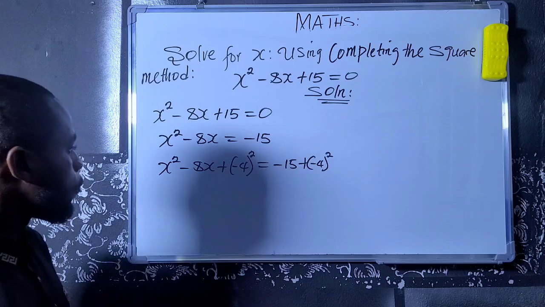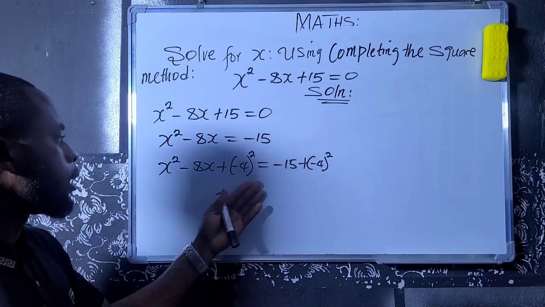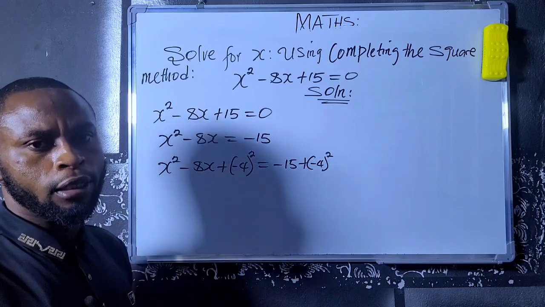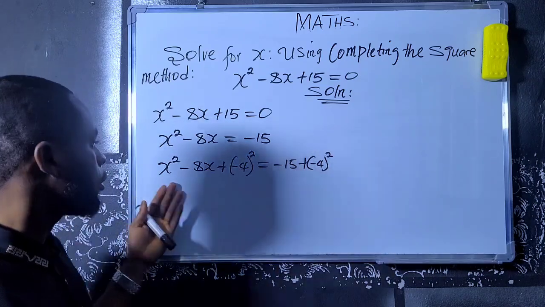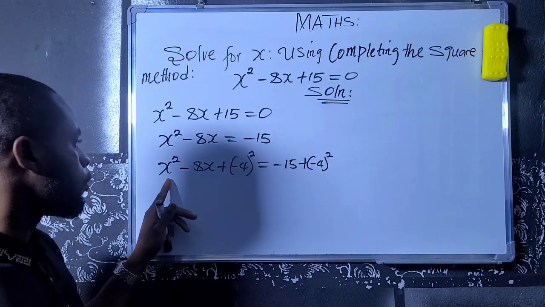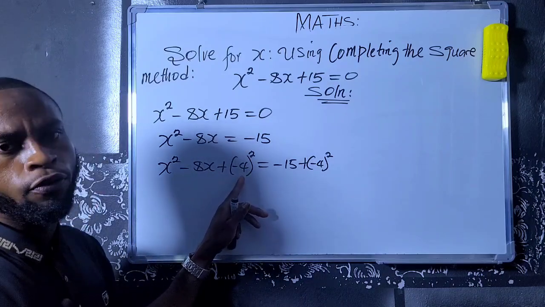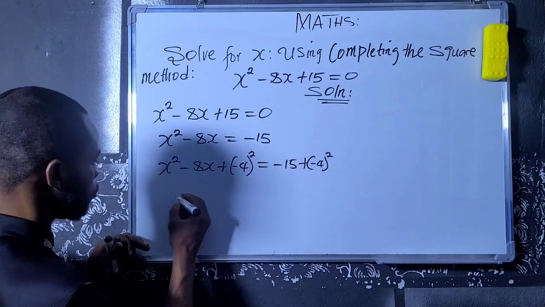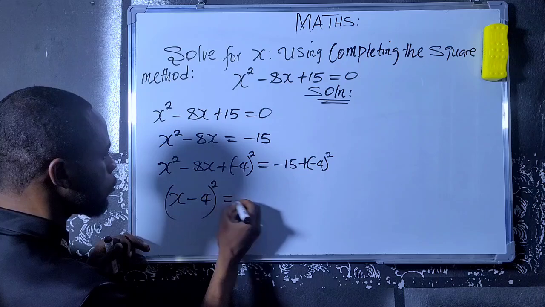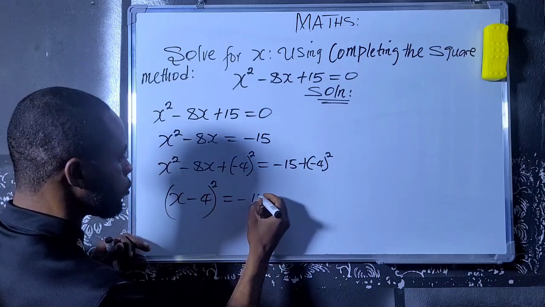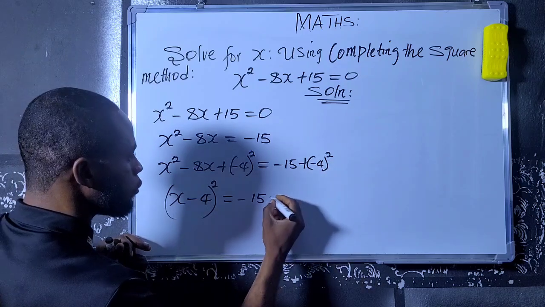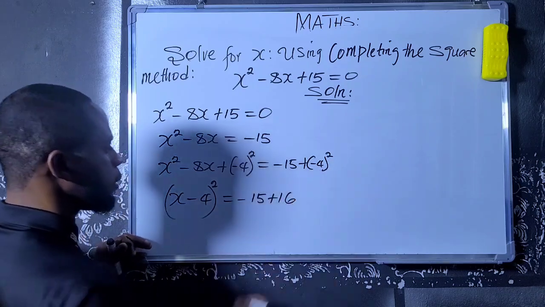Now, we are going to factorize the left-hand side of the equation and simplify the right-hand side. To simplify this quickly, we pick out one of these x's. Therefore, we have x minus 4 all squared equals, here we have minus 15 plus minus 4 squared, that will give us plus 16.